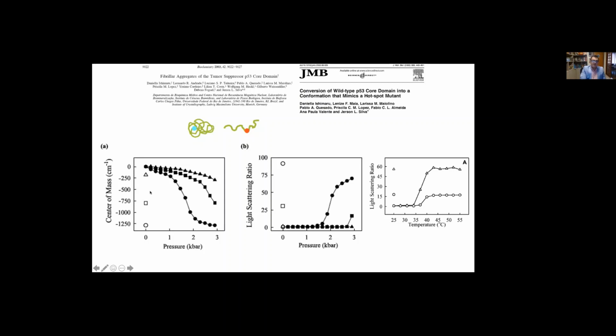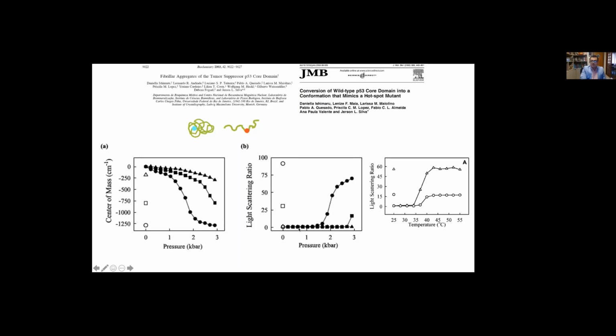And curiously, using pressure, usually for monomeric proteins you need much higher pressure to cause denaturation, and we found it very easy to denature. More curiously, there was aggregation concurrent with the denaturation.